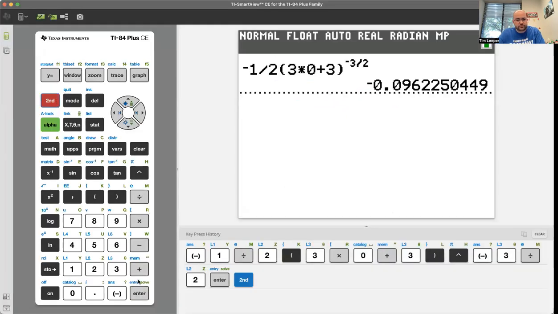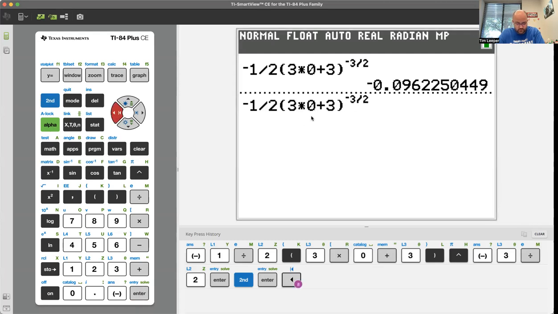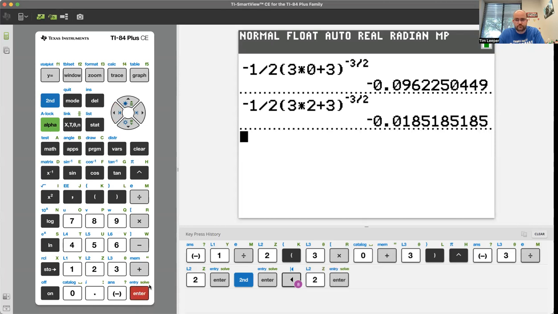Now, I'm going to do a little trick here. Second enter means I can bring in what we just typed in. I'm just going to replace that 0 with a 2. And so to 3 decimal places, that's negative 0.019.